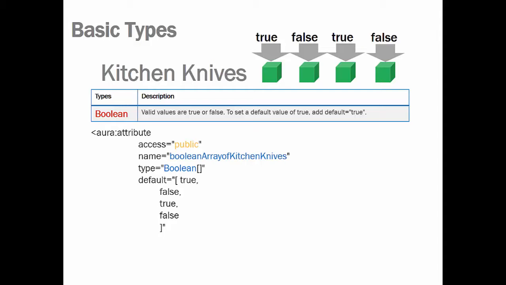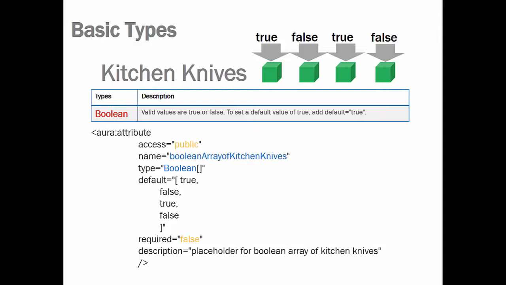So I've added some defaults. These defaults to my attribute correspond to what's up in the top right-hand corner: true, false, true, false. I'm going to follow that up by an element called required equals false. And then an element called description. I just typed in placeholder for Boolean array of kitchen knives. Exactly what it is. Then I'll close the tag.